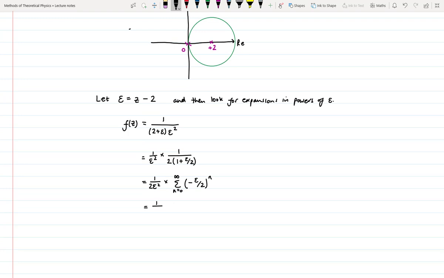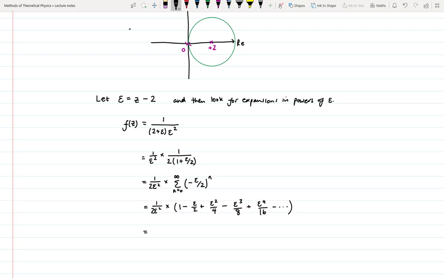We can multiply this out to have a look at the first few terms. This is going to give us 1 minus epsilon over 2 plus epsilon squared over 4 minus epsilon cubed over 8 plus epsilon to the 4 over 16, and so on.